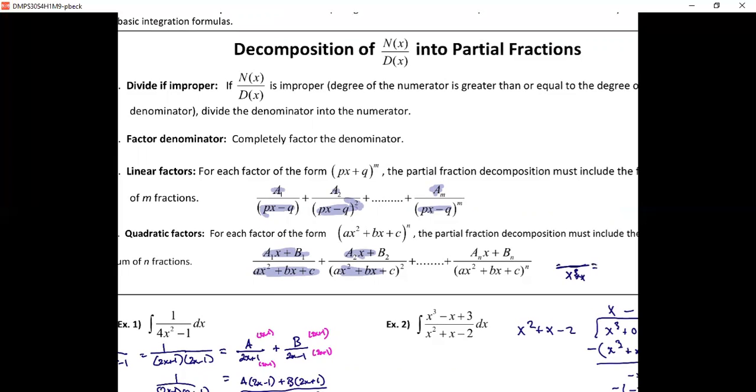I am going to break it down into something over x, then something over x squared plus 1. Anyway, the point I was trying to make is, if this didn't factor, we'd have to break this down into ax squared plus bx plus c. Basically, the numerator has to be 1 degree less than the denominator.